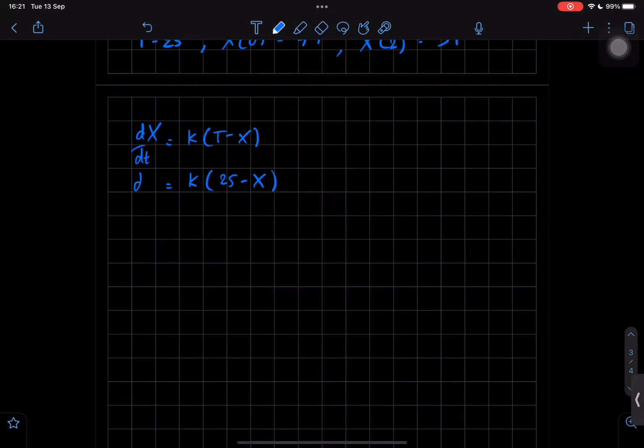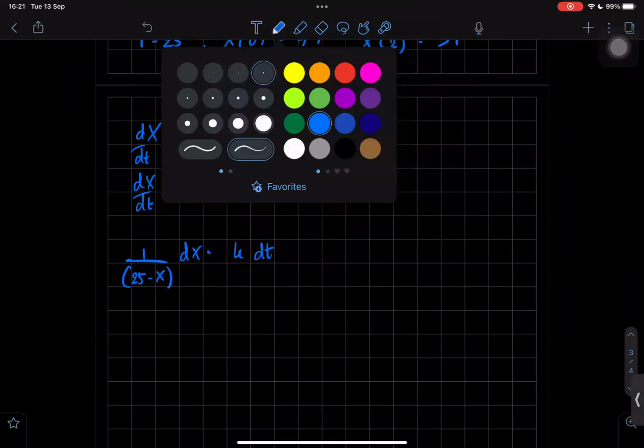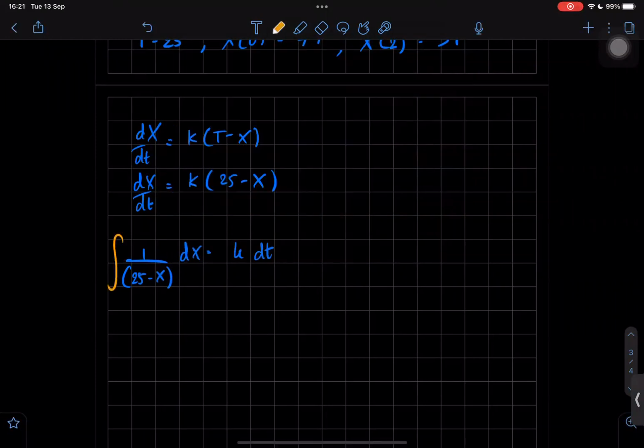So we get 1 over 25 minus x dx equal to k dt, like that. And then you integrate both sides.